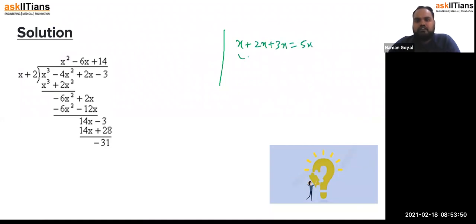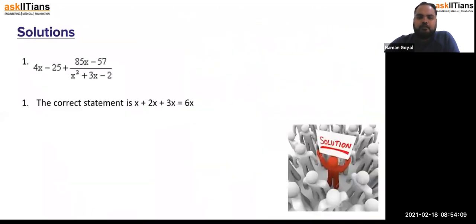Now if you add these quantities, x plus 2x is 3x, and 3x plus 3x is what, 6x. So the quantity is 6x, not 5x. So the correct statement is x plus 2x plus 3x is nothing but 6x. Are you getting my point? Okay, if you see, this is the answer.